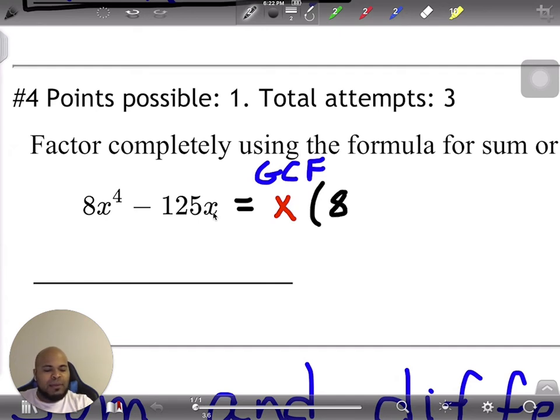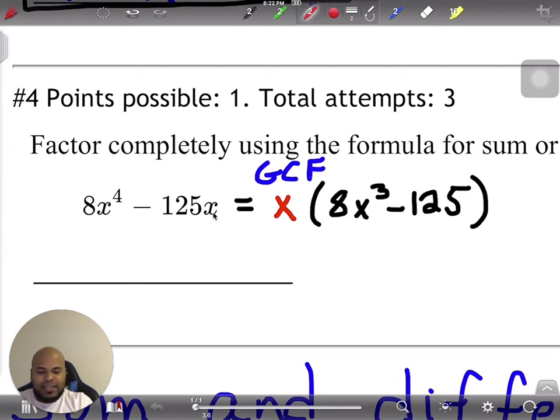And when I do that, I'm left with 8x cubed minus 125, and that's it. Okay, the first part is a perfect cube. The second number is a perfect cube, so I could definitely do this. I'm going to write down the x outside that I'm not going to use to factor because I already factored it out. And now I'm going to open my 2 parentheses.